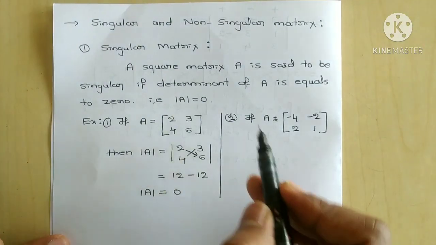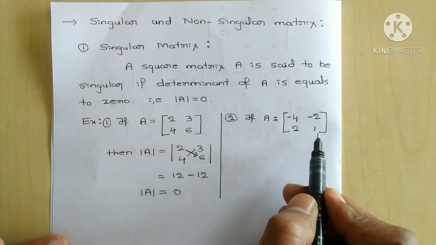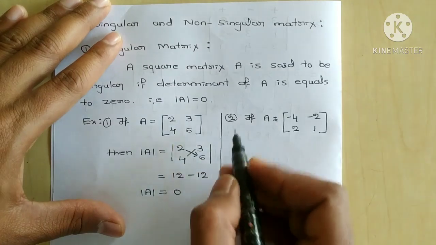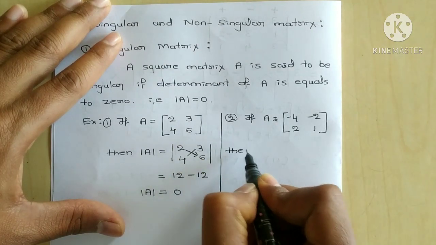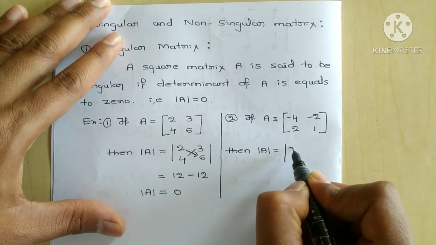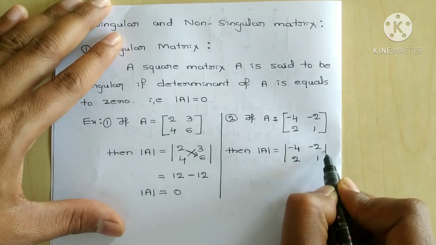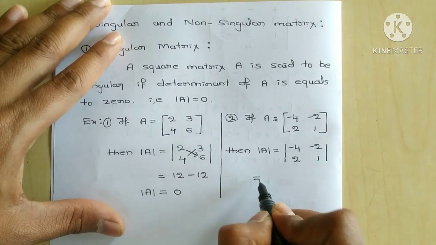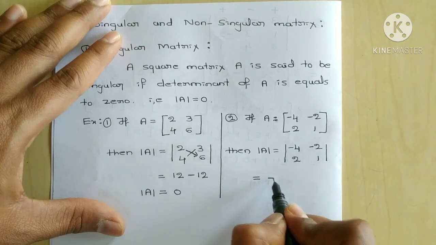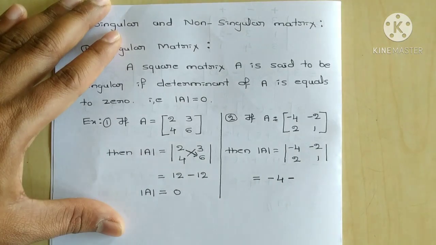One more example. If A is equal to minus 4, minus 2 in the first row, 2, 1 in the second row. Next I am going to take the determinant of this matrix. The determinant of A is the determinant of minus 4, minus 2, 2, 1. So again cross multiplication. First multiply the sign: minus into plus is minus, 4 into 1 is 4. Again in the middle, which sign always comes?